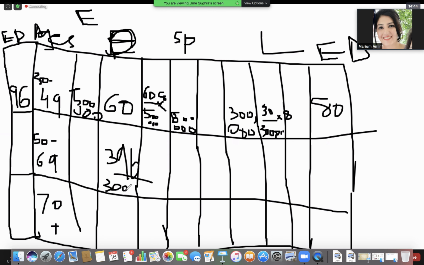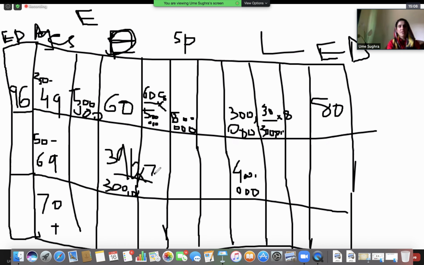Then we multiply it with the standard population, which is 700,000. Calculate the expected number of deaths for the early period. How much would it be? 924.